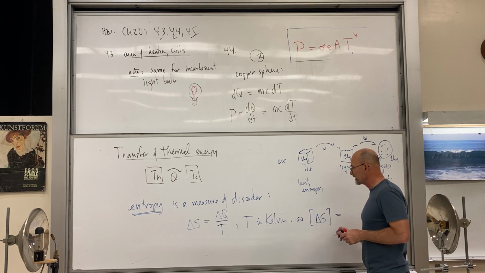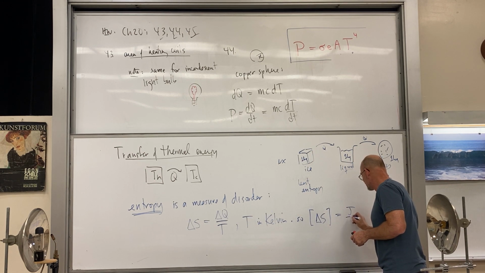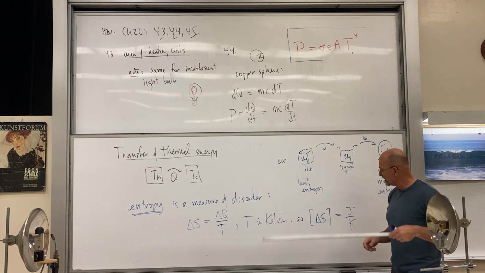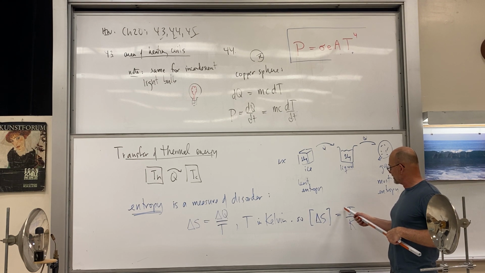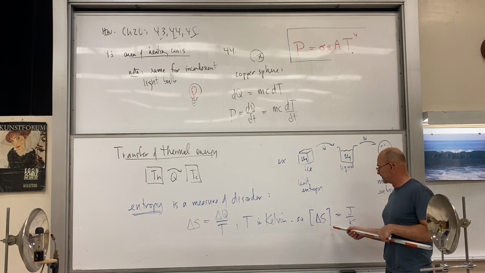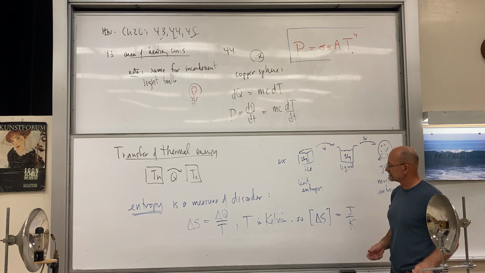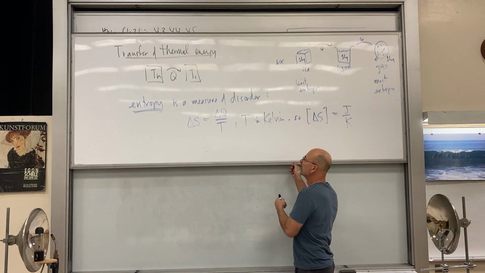What are the units? Joules per Kelvin. Since we know that temperature itself is a measure of energy, in that sense, you could also have entropy as a dimensionless quantity. But we'll keep it with these dimensions here, joules per Kelvin. So that's our entropy.